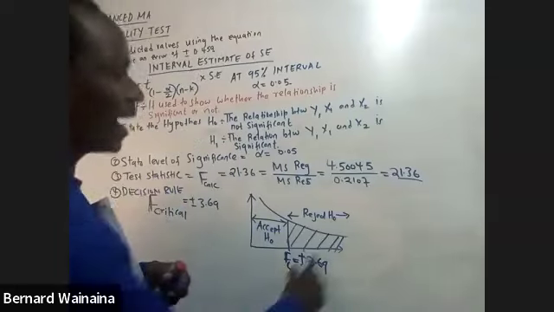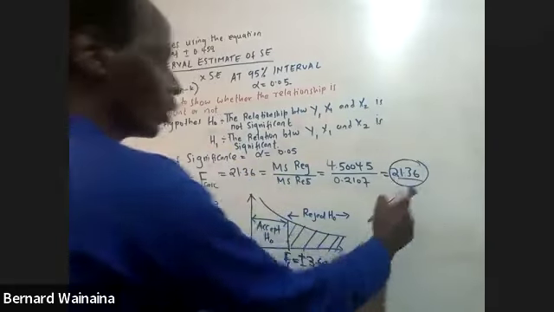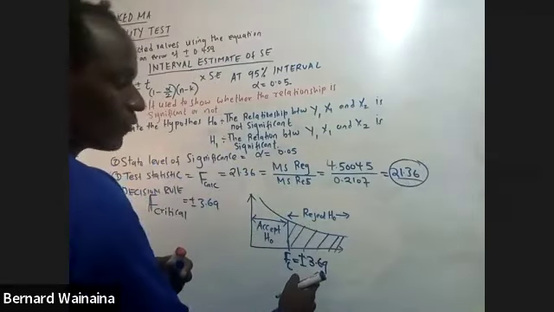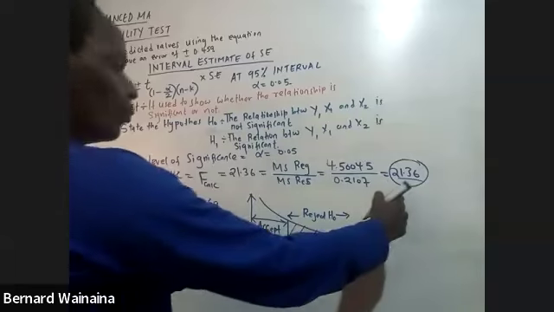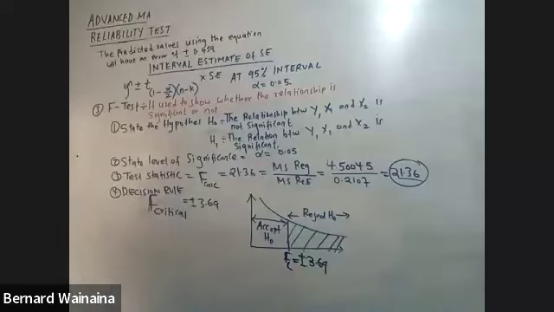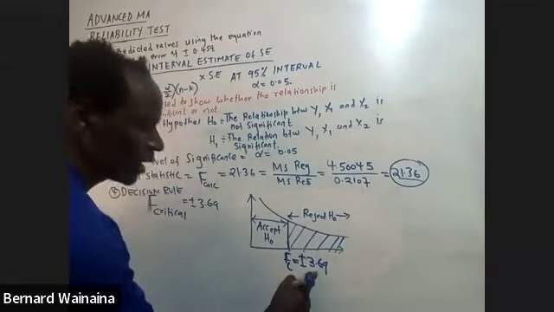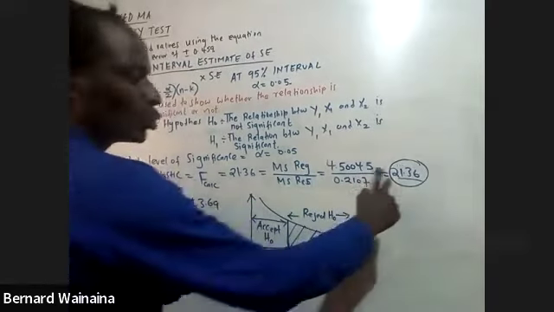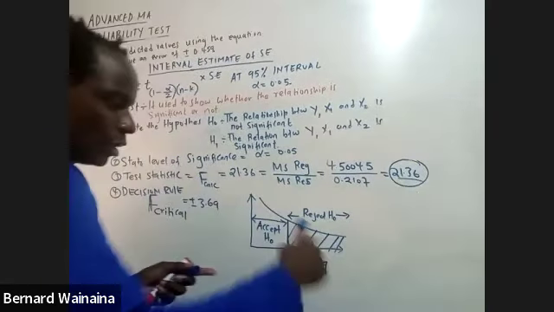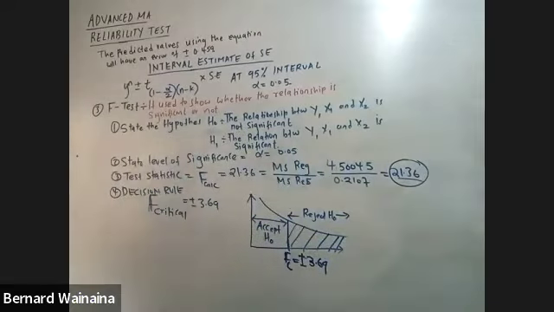So you compare this figure, the F critical, with the F calculated. Now the F calculated is 21.36. Is it on the left side or on the right side?